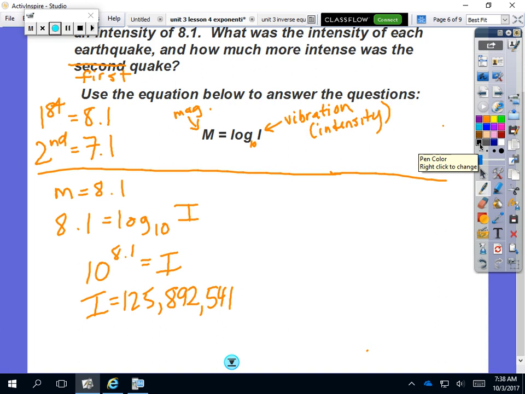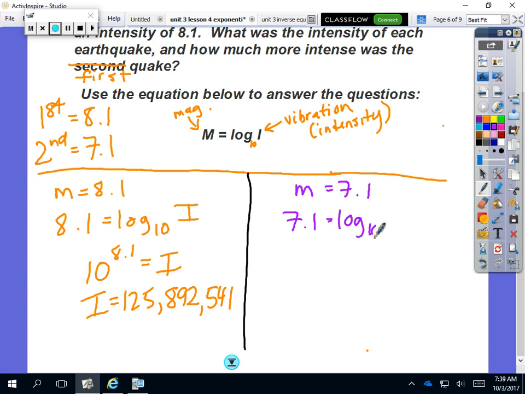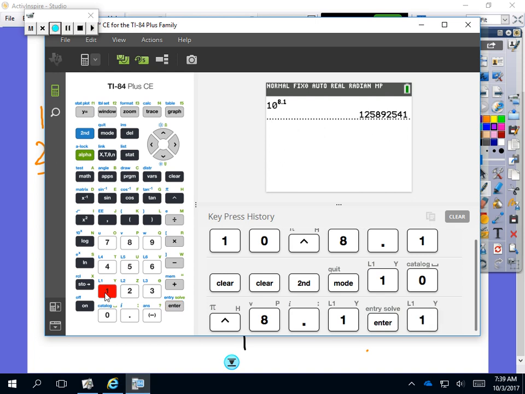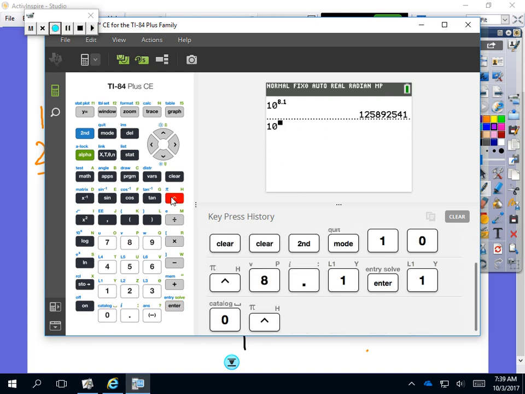Now let's compare to the second earthquake. So the second earthquake was 7.1. So if I put 7.1 equals log base 10 of I, I know that 10 to the power of 7.1 will give me that intensity. So put that in your calculator. 10 to the power of 7.1.